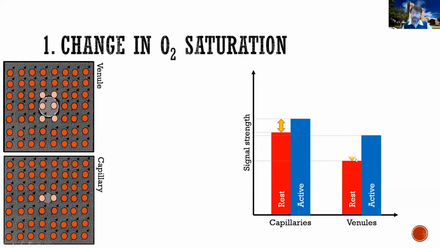So there's a big change in the signal between rest and task, between rest and active. So it makes sense that, in fact, most of the BOLD signal is coming from these slightly larger venules. The change between on and off is just so much more noticeable around venules than it is around capillaries. There is a change around capillaries, we can see it, but it's just much smaller, so it's much harder to see.